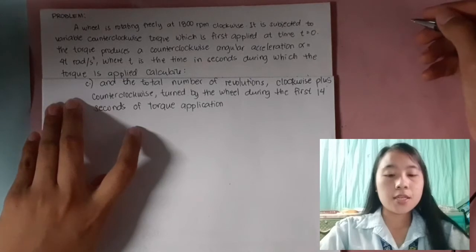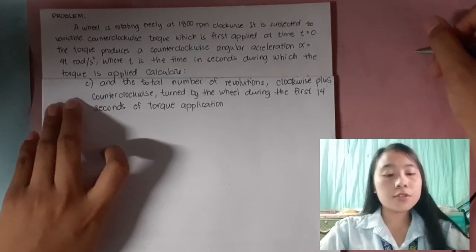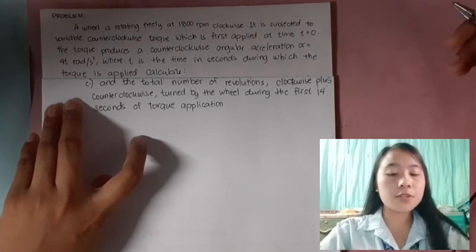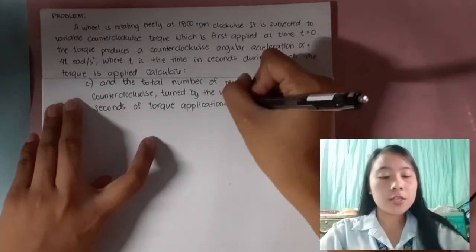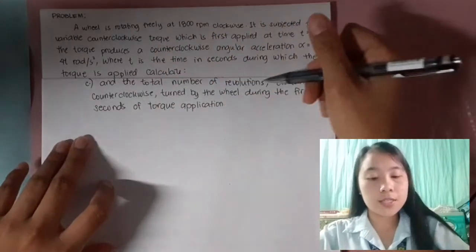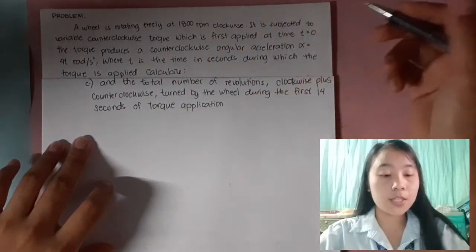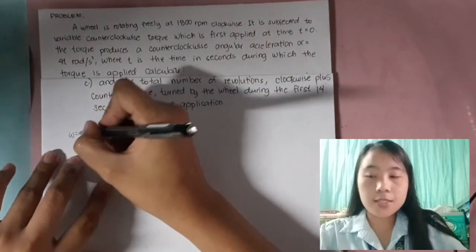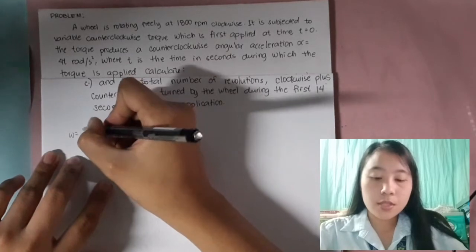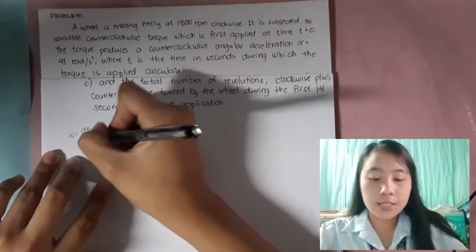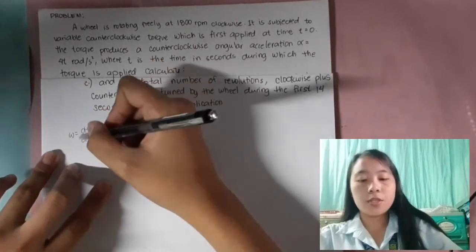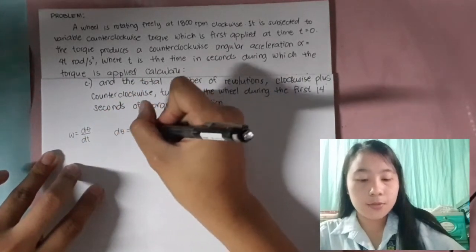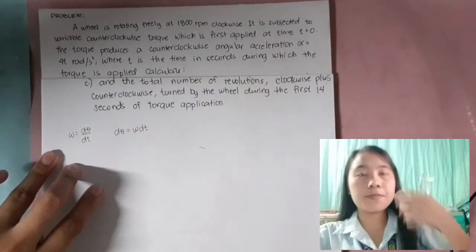Letter C. The total number of revolutions clockwise plus counterclockwise turned by the wheel during the first 14 seconds of torque application. For solving the total number of revolutions, we can use the formula omega is equal to d theta over dt, from which we get d theta is equal to omega dt.